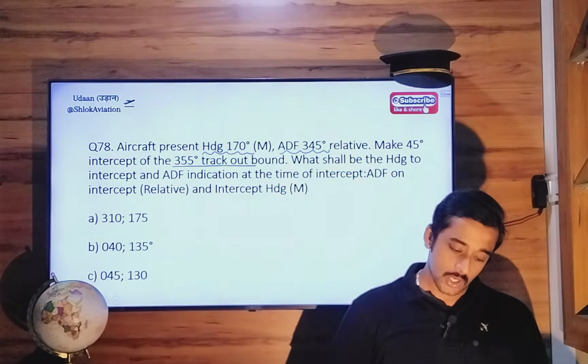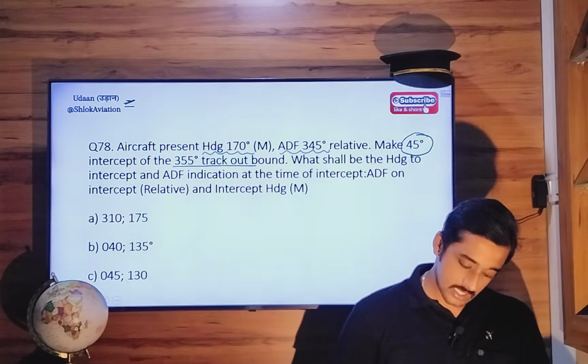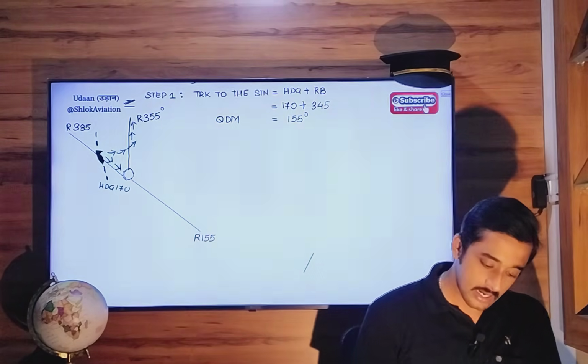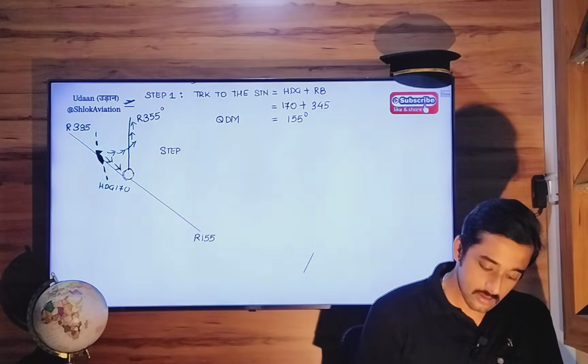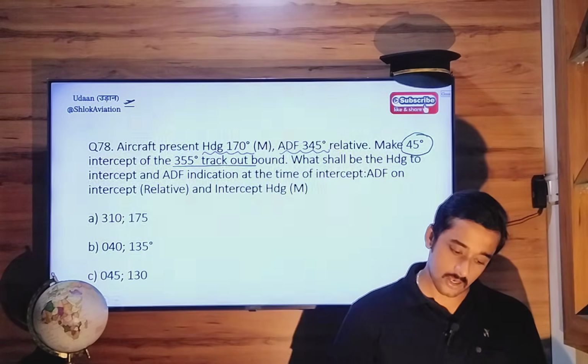The interception angle given to you is 45 degrees. Normally we use this angle only.